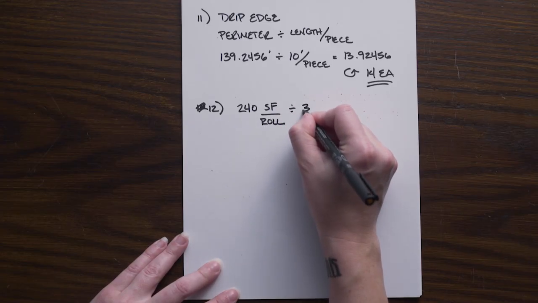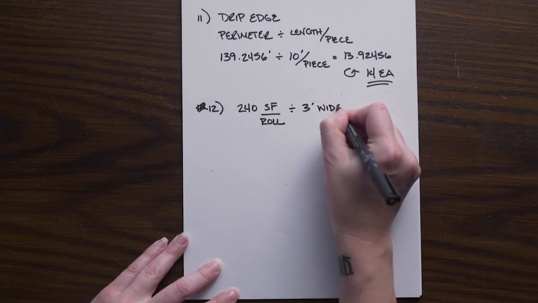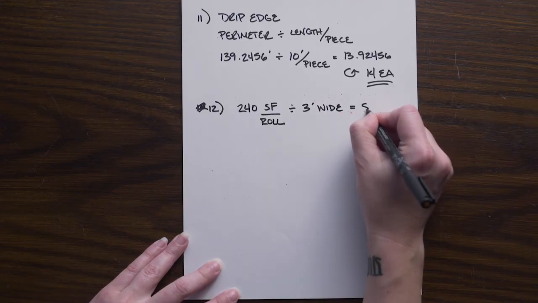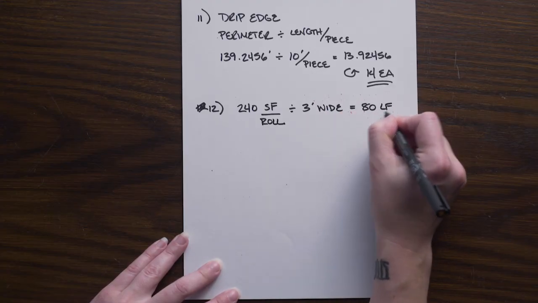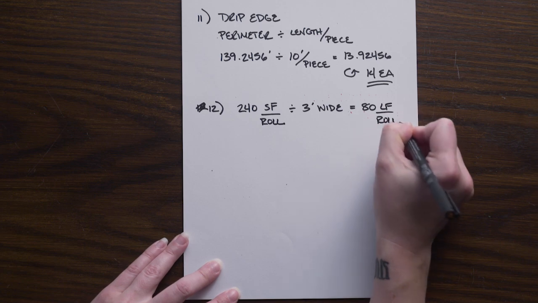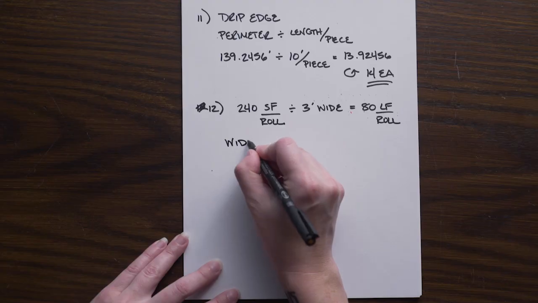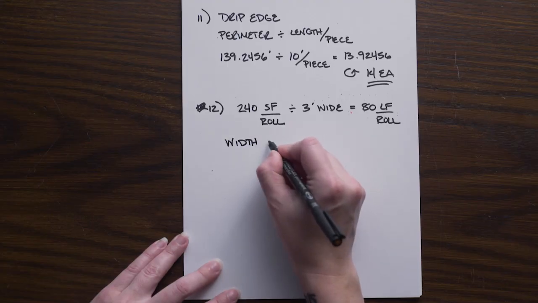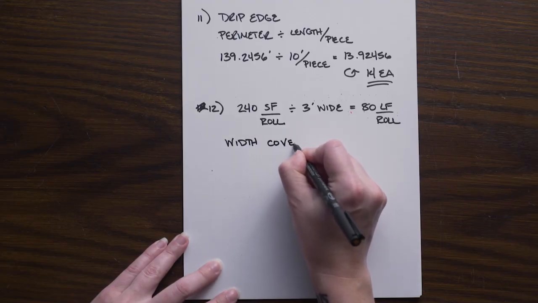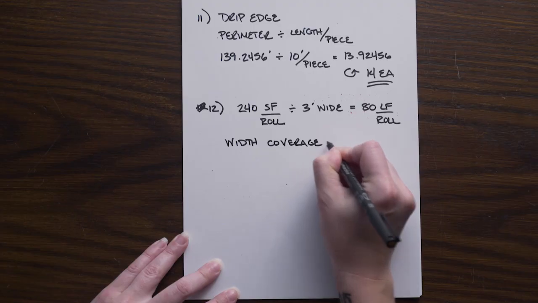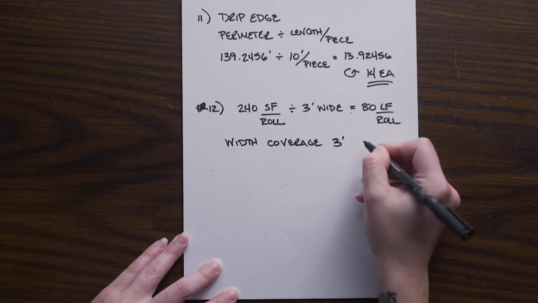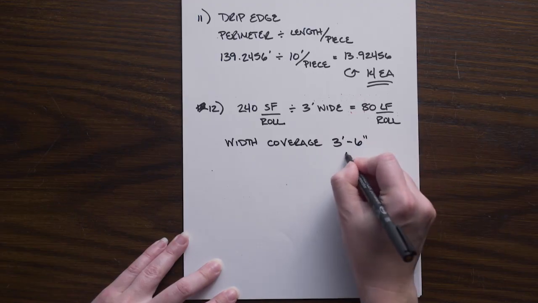It is 3 feet wide. So we know we have 80 lineal feet per roll of roof felt. Our width coverage is our width of our roof felt minus our overlap.